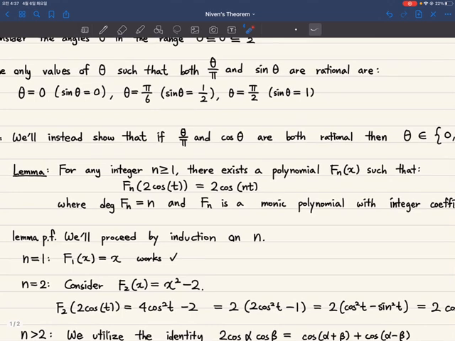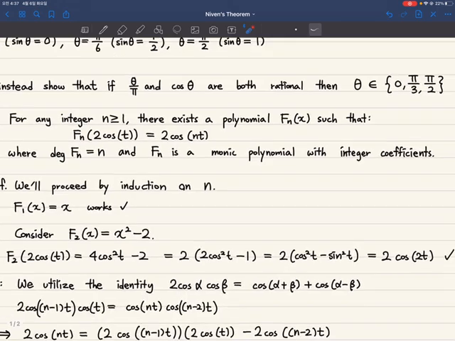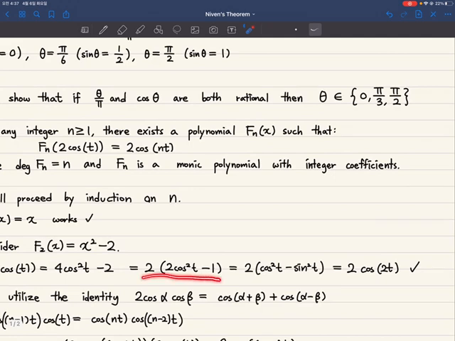For n equals 2, if we set f2 of x equal to x squared minus 2, then f2 of 2 cosine t equals 4 cosine squared t minus 2, which is equal to 2 times (2 cosine squared t minus 1). We can use the identity cosine squared t plus sine squared t equals 1, and we easily get that this is equal to 2 times cosine of 2t.